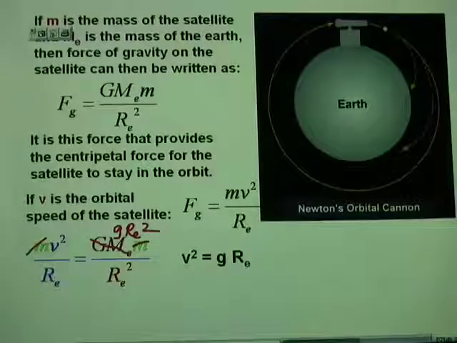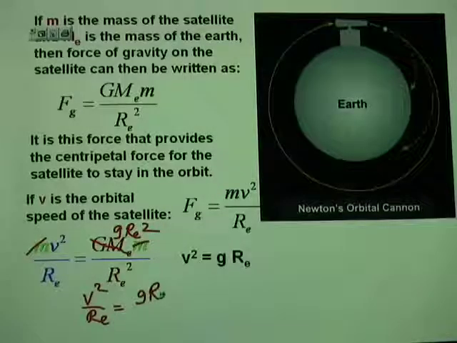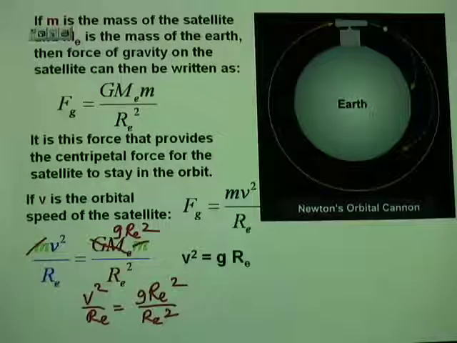Now what happened there? If GME is g RE squared, you can now have v squared over RE equal to g RE squared over RE squared.